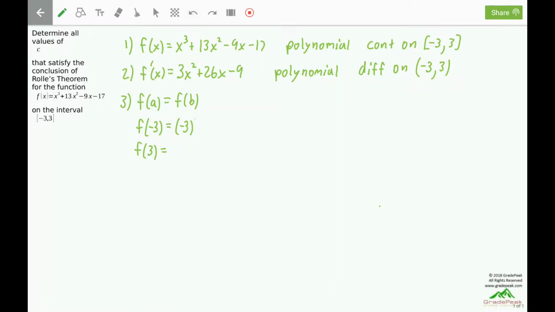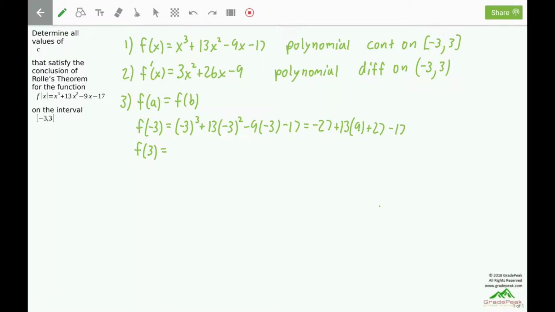These are evaluated by plugging them into the function. F of -3 will be -3 cubed plus 13 times -3 squared minus 9 times -3 minus 17. -3 cubed is -27, plus 13 times -3 squared, which is 9, minus 9 times -3 is +27, and then minus 17.